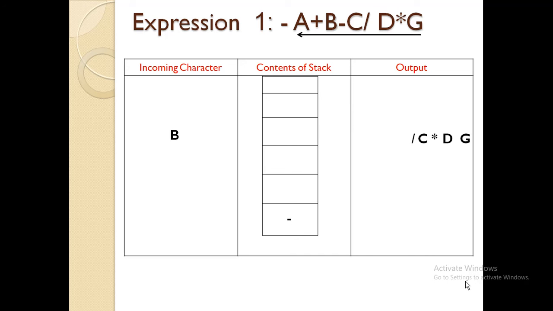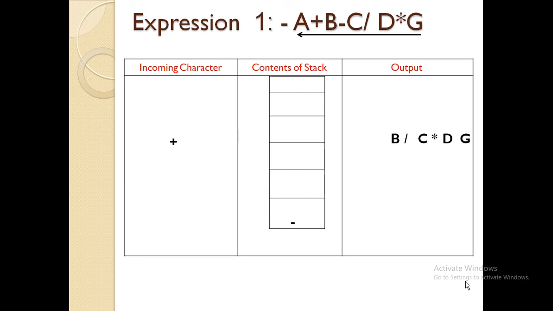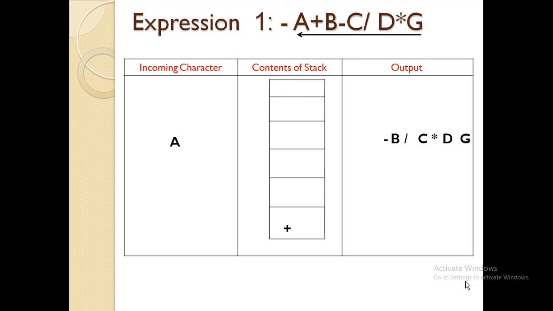After that b, an operand, so display it onto the output string. Now next is plus. Compare plus and subtraction. Both operators have equal priority, so pop the subtraction and push the plus. Now next is a. a is an operand, so display it onto the output string.